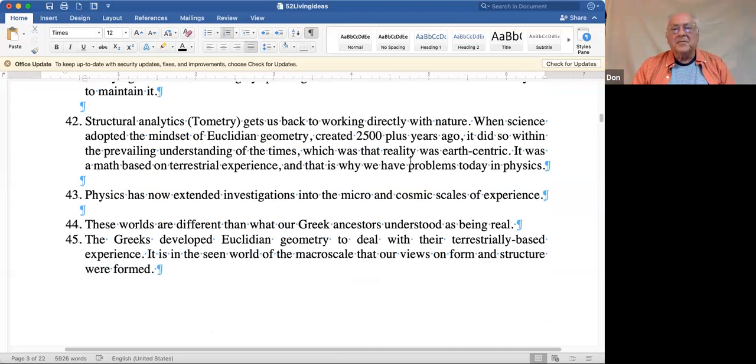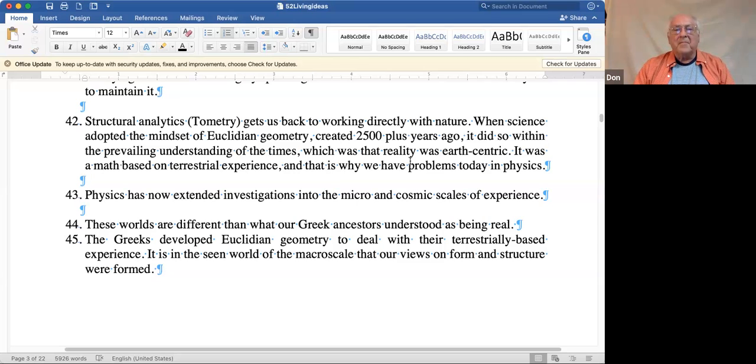Structural analytics gets us back to working directly with nature. When science adopted the mindset of Euclidean geometry created 2,500 years ago, it did so with the prevailing understanding of the times, which was that reality was Earth-centric.